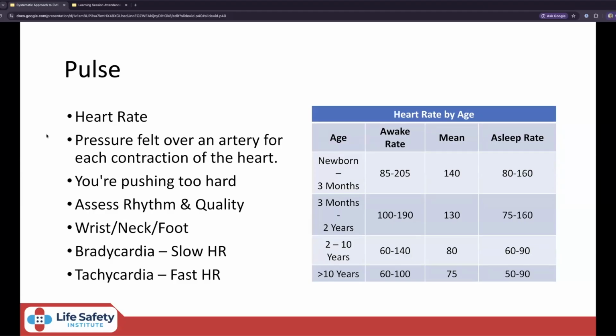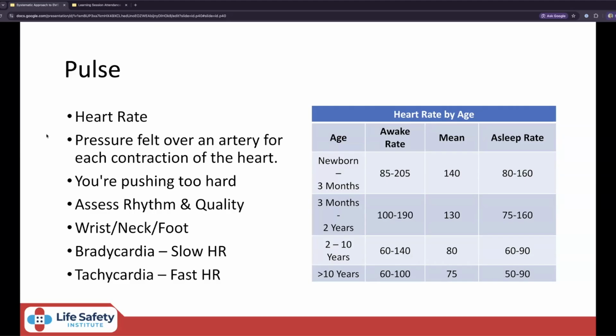Let's say you're not quite feeling it and you're already a little anxious, you might just out of reaction push harder. If you push so hard that you occlude the artery, you're not going to feel anything. So if you're having a hard time feeling a pulse, lighten up your touch. You're likely pushing too hard.